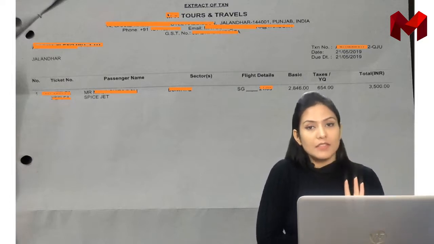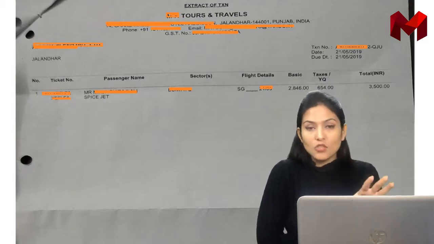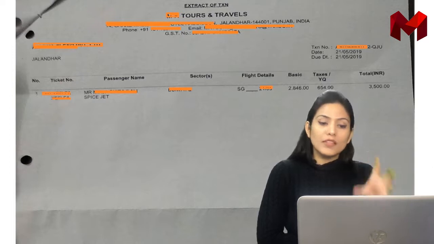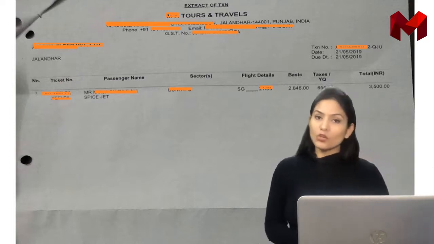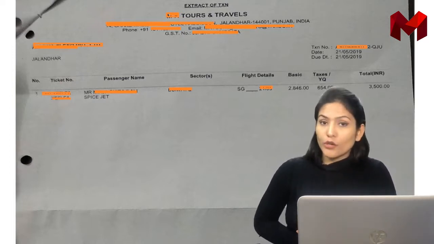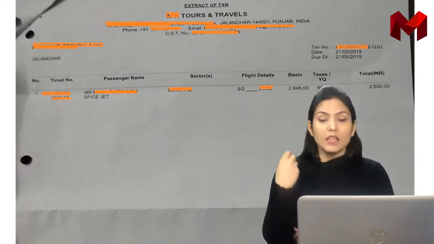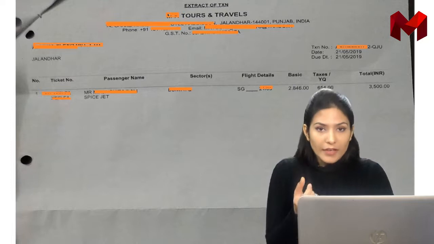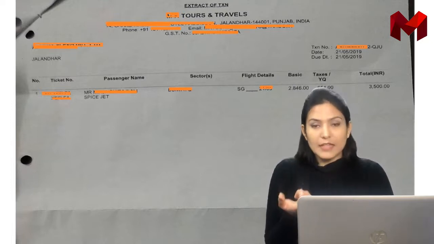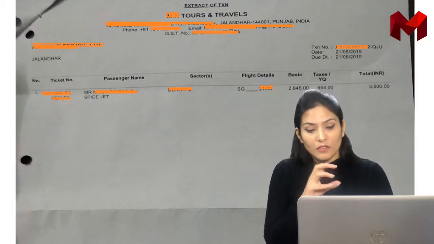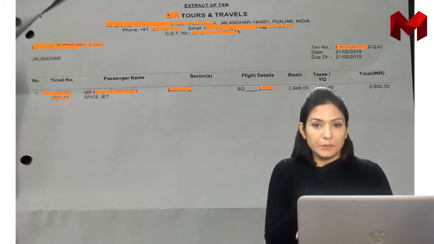Now it's the GST thing. GST is not applicable on the air tickets. And moreover, on these charges, we are not going to claim the GST amount. We are not going to enter this GST into the input tax. Why? Because some provisions are there in the GST, which we will discuss later, on which the GST claim is not available.